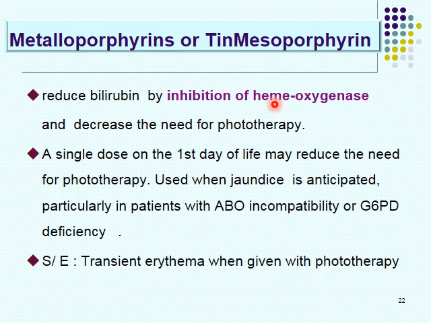So it decreases the need for phototherapy. A single dose in the first day of life may reduce the need for phototherapy. Usually it is used when the jaundice is anticipated, particularly in cases of ABO incompatibility or G6PD deficiency. It may cause transient erythema when given with phototherapy.